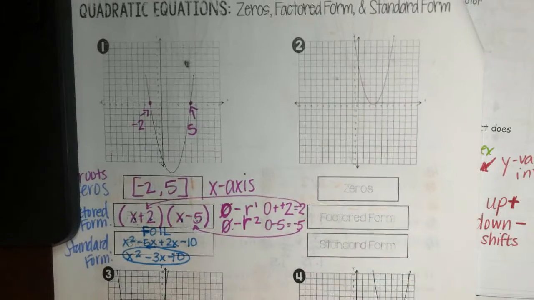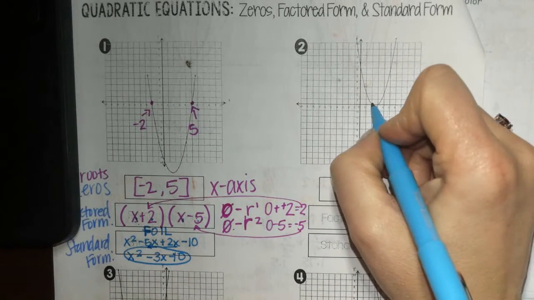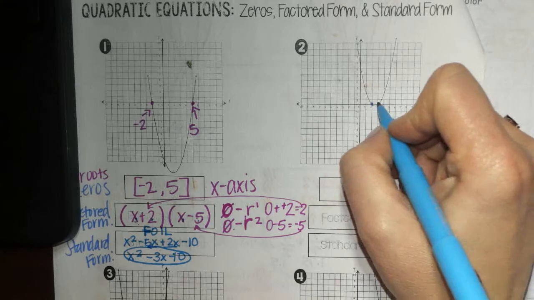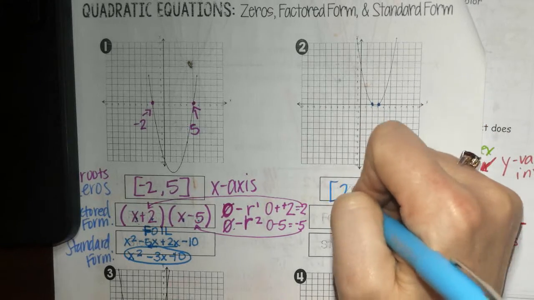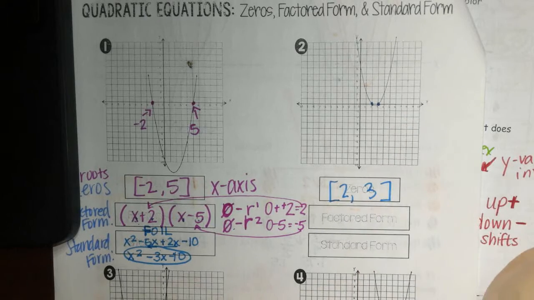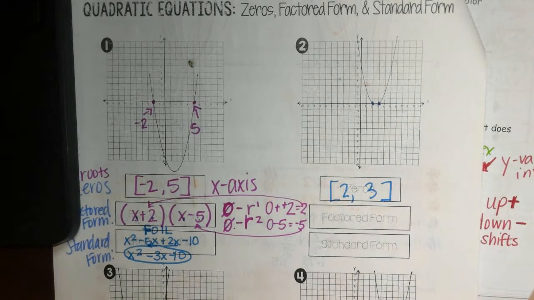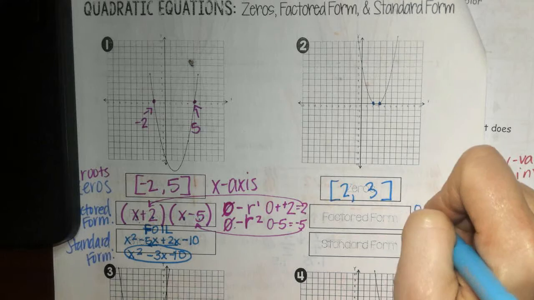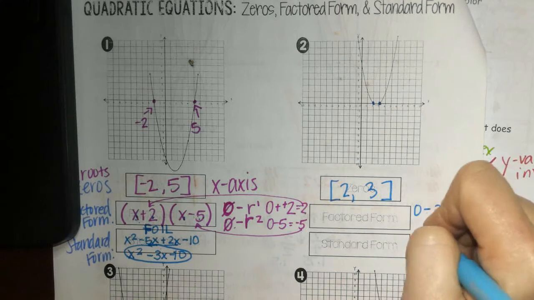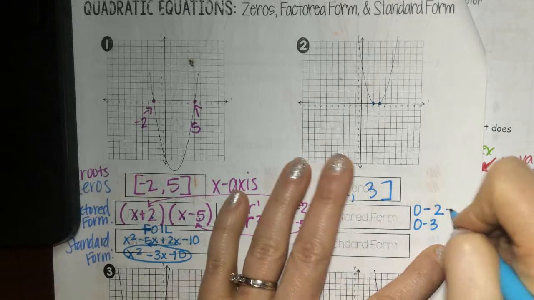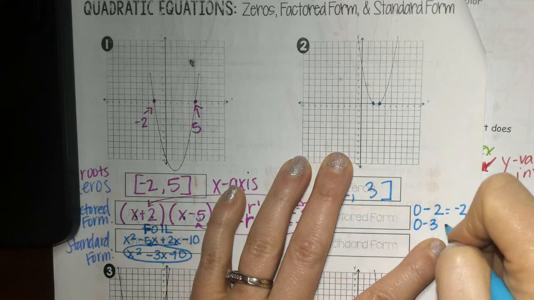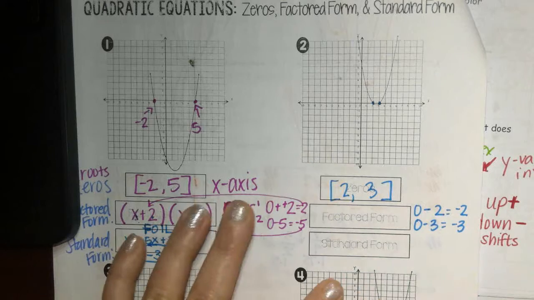Let's do number 2. Number 2 has 2 zeros. It crosses at the 2 and the 3. Remember, we do 0 minus 2 and 0 minus 3 to get the factored form. 0 minus 2 is -2, and 0 minus 3 is -3.